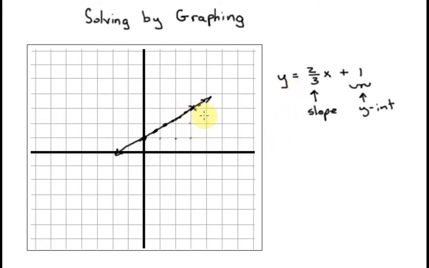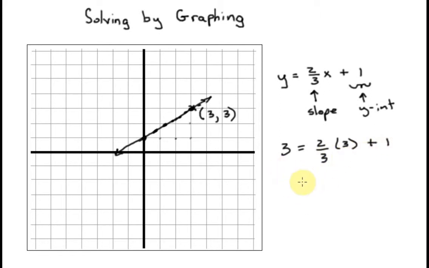For example, we have a point up here. The coordinates look to be 1, 2, 3 to the right, and up 1, 2, 3. So we have the coordinates (3, 3), and that's a point on our graph. Now if I put 3 in for the y, and 3 in over here for the x, I should get that the left side makes the same number as the right side.